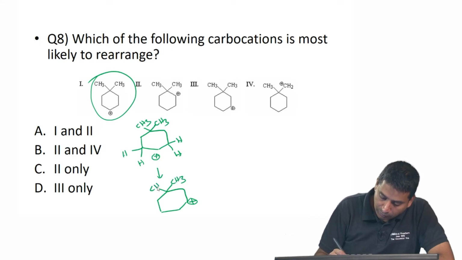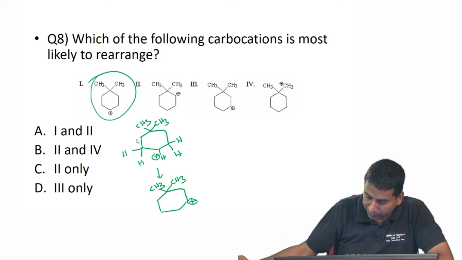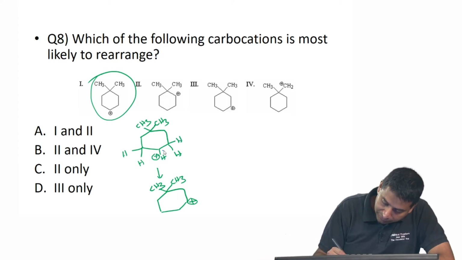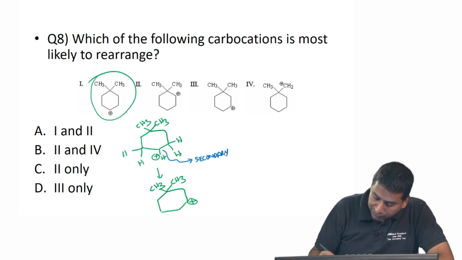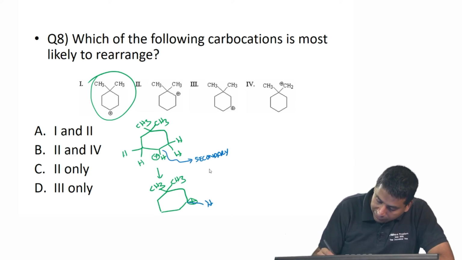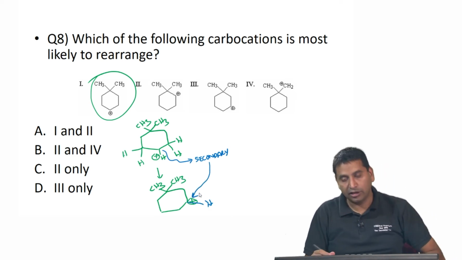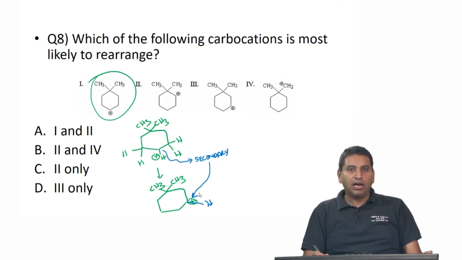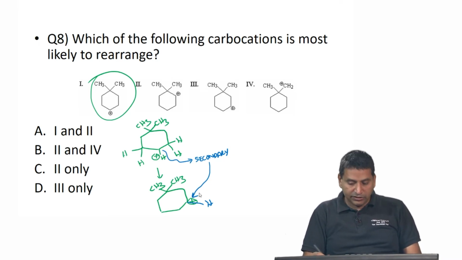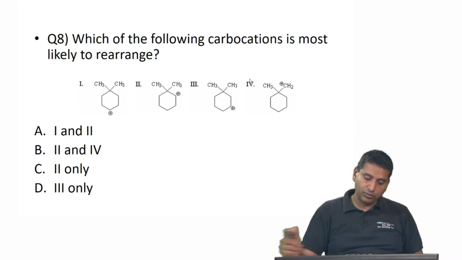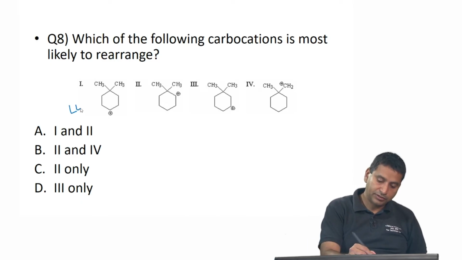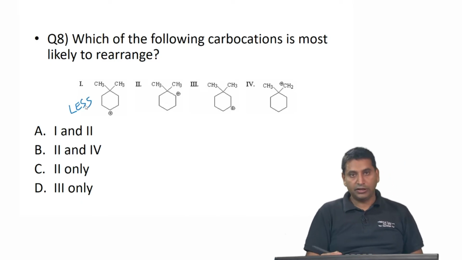However, the problem we may face is that this structure to begin with has a secondary carbocation, and after rearrangement it ends up with a secondary carbocation. So, I would argue that this is less likely to rearrange. So, I am just going to write less here so that it's clear.